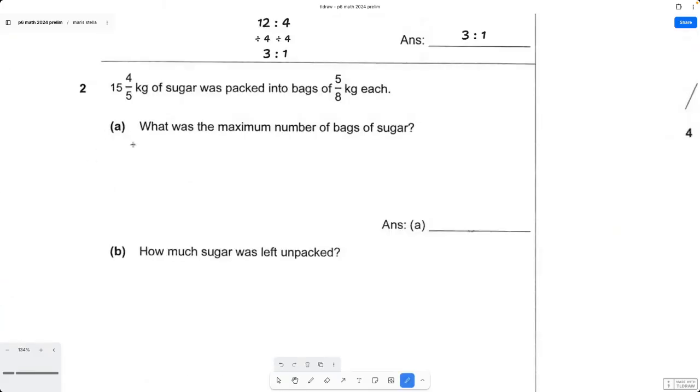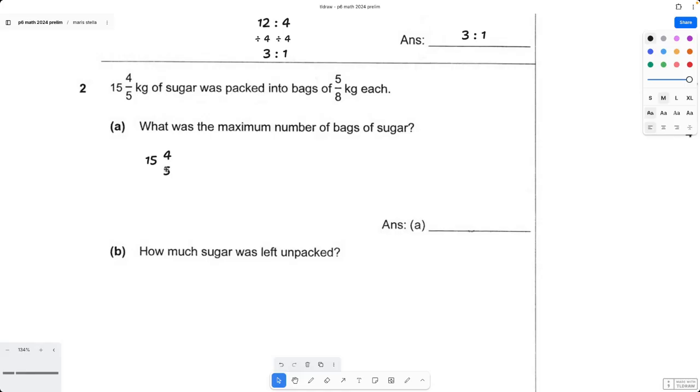All right, so question number 2: 15 4/5 kilograms of sugar was packed in bags of 5/8 kilograms each. What was the maximum number of bags of sugar? So basically, we want to have 15 4/5.